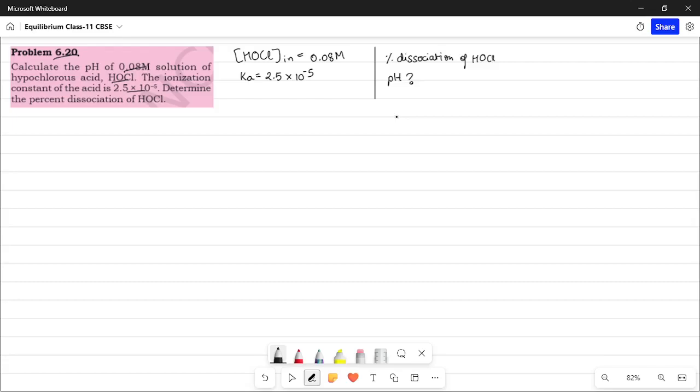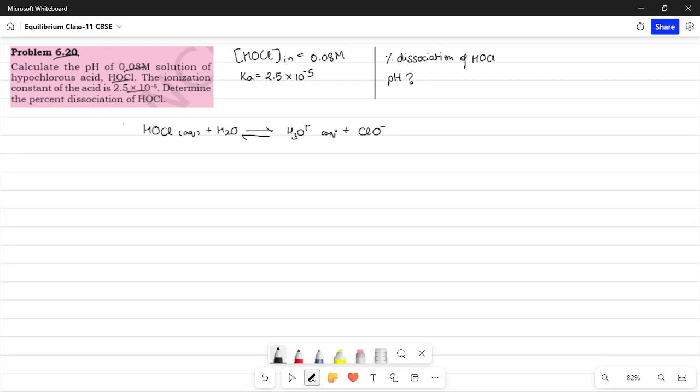First of all, let's write down the equation. HOCl plus H2O is in equilibrium with H3O plus and ClO minus.